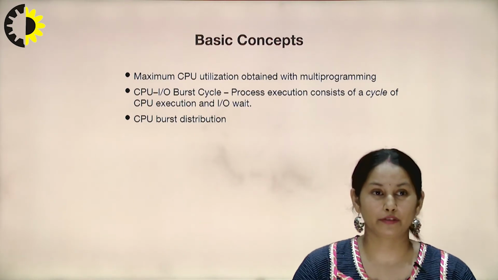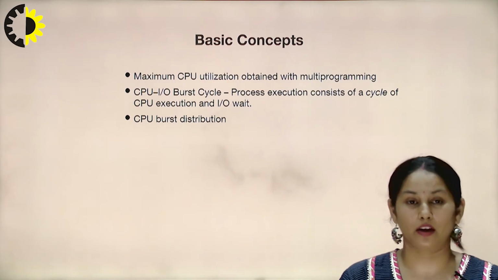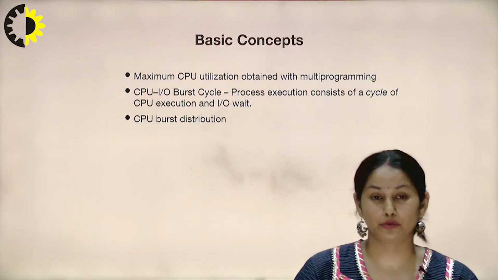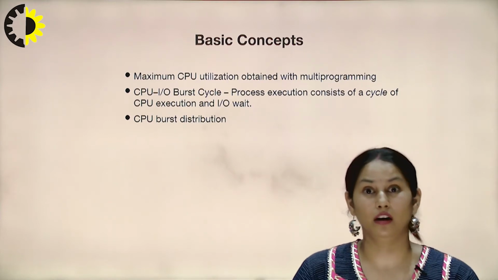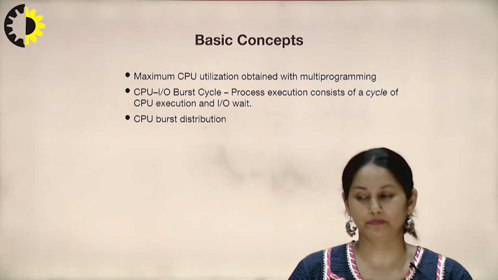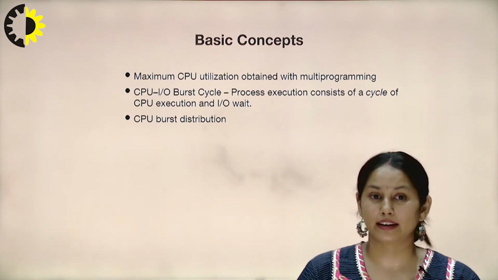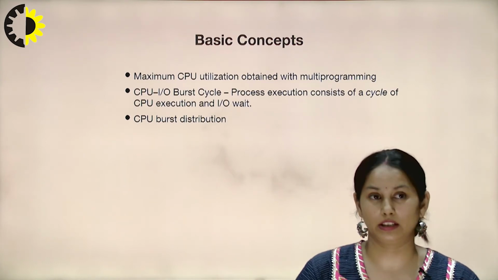So we have to balance these processes so that no process ends up in a starvation condition. So what are the various kinds of scheduling criteria that we see in these particular algorithms?